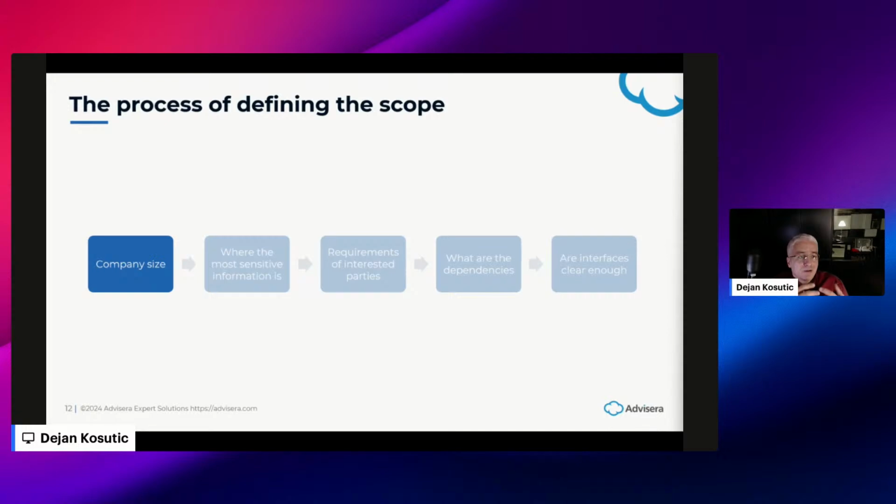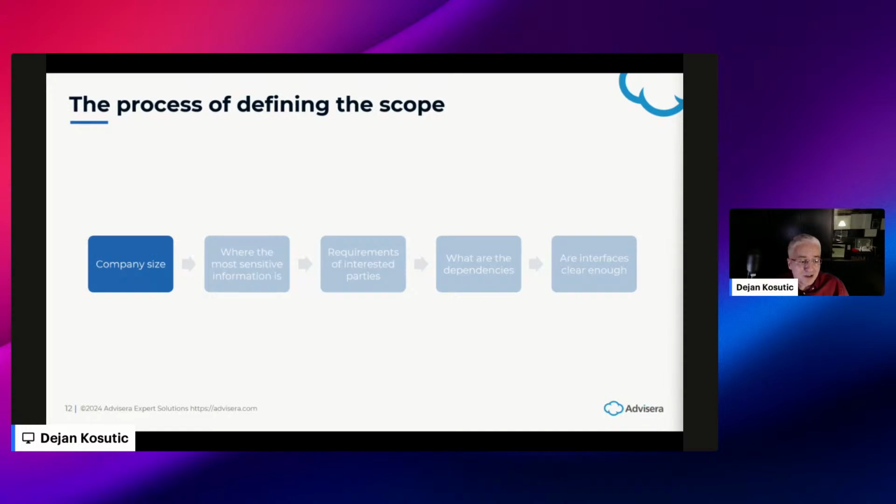For example, let's say you have two departments in a small company, but they're sitting in the same room, working on the same local network, using the same software shared within the company. It will be very hard to separate them. In other words, there are no interfaces between them, right? So this is why it's recommendable for smaller companies to go for the whole company, because you don't have to artificially separate people that work together.